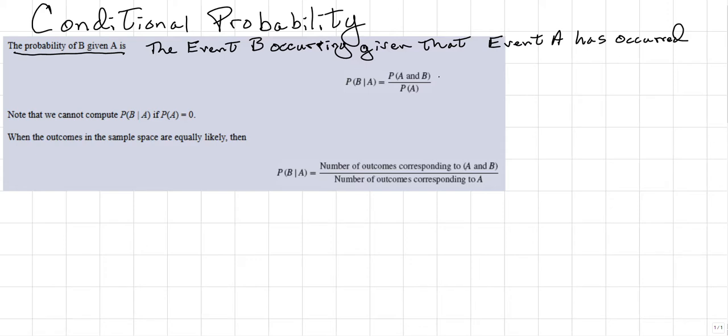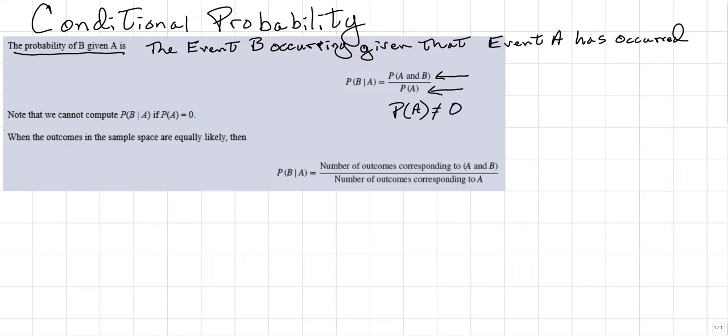And that's going to be found by taking the probability of the events A and B occurring, both of them occurring, divided by the probability of A. Now remember that the probability of A cannot be equal to 0. If it is equal to 0, we have an undefined situation.